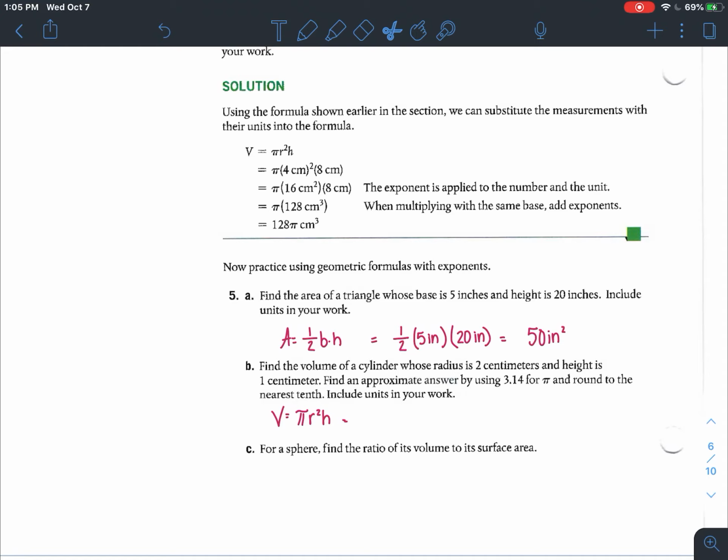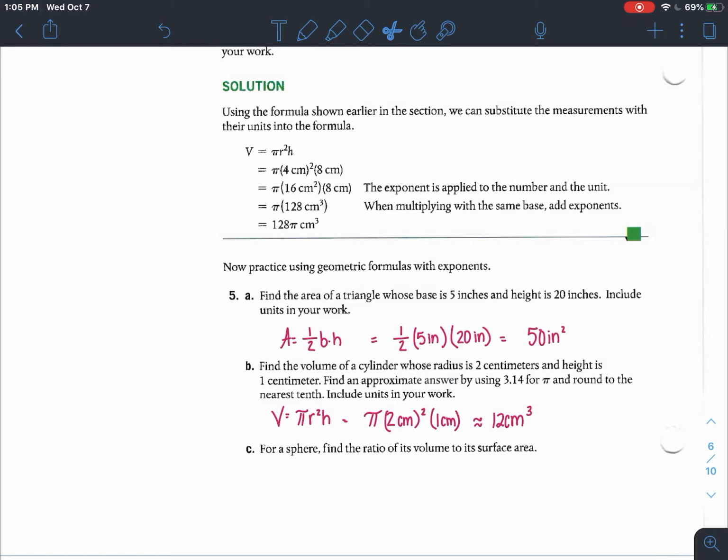So we scroll up. Volume of a cylinder is pi r squared h. I'll plug in 2 centimeters for the radius, 1 centimeter for the height. Good. I'm going to distribute the squared, the 2 centimeters squared.